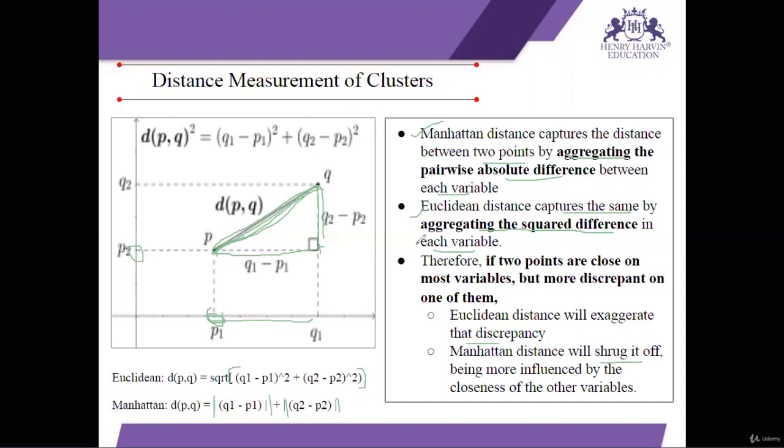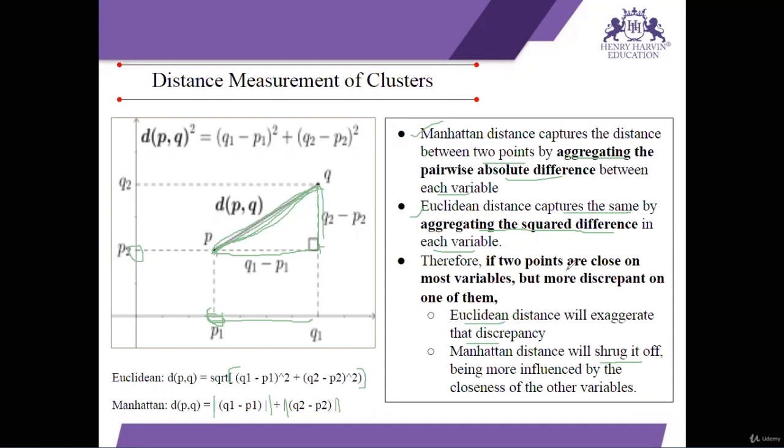So what does it mean? If we have a large data set available and we want to create clusters using the distances between each cluster, Euclidean distance will exaggerate the discrepancy.